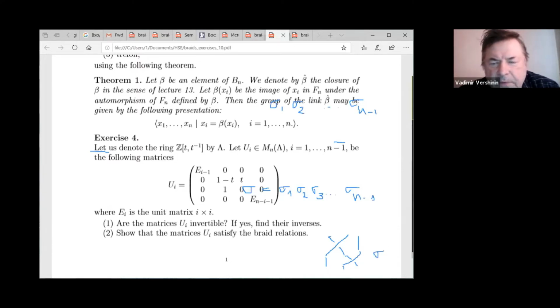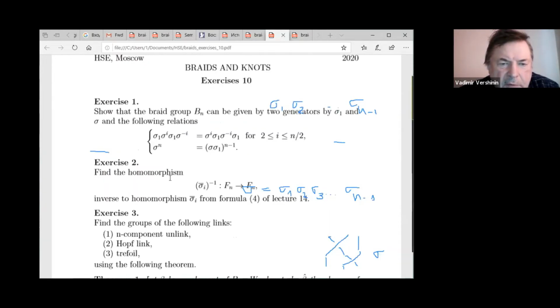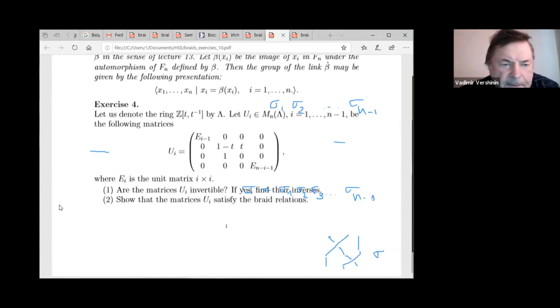In this case, sigma is the following. Or if you want to consider 4 strands, okay, I shall try now to write down.